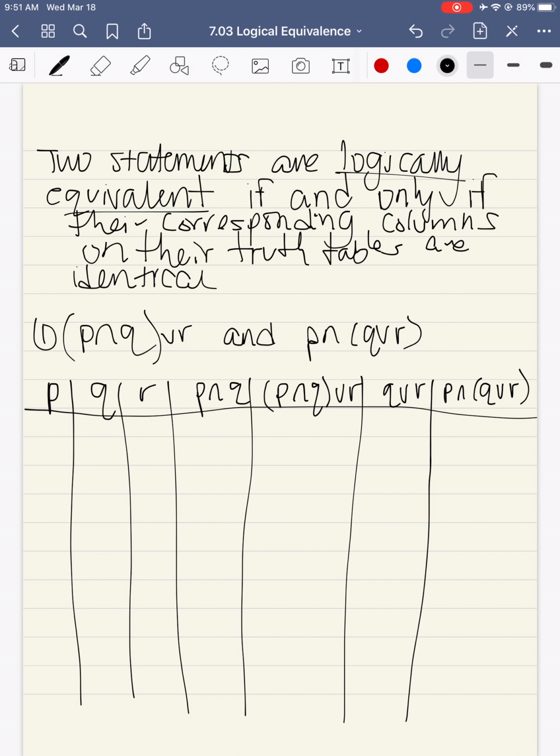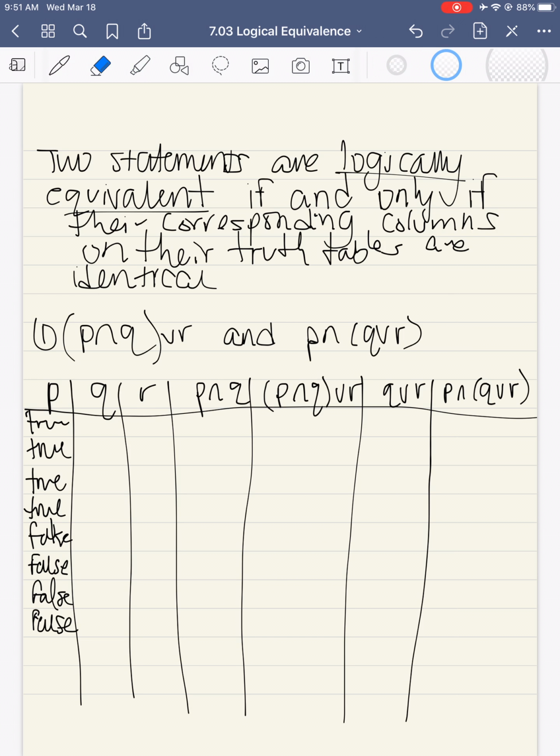So building the truth table, we should have 8 rows here. So the first 4 are going to be true for P. And the next 4 are going to be false. So I added a little extra that I didn't need.